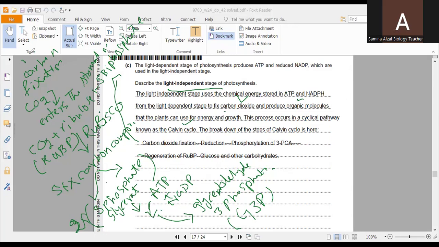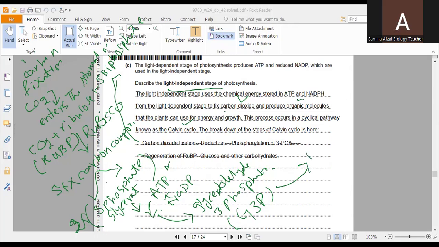First, phosphorylation takes place by the ATP, so there will be formation of 1,3 bisphosphoglycerate. Then 1,3 bisphosphoglycerate is reduced by NADPH, losing a phosphate group to become glyceraldehyde 3 phosphate. After this formation, there is the regeneration of the ribulose for the Calvin cycle to continue.